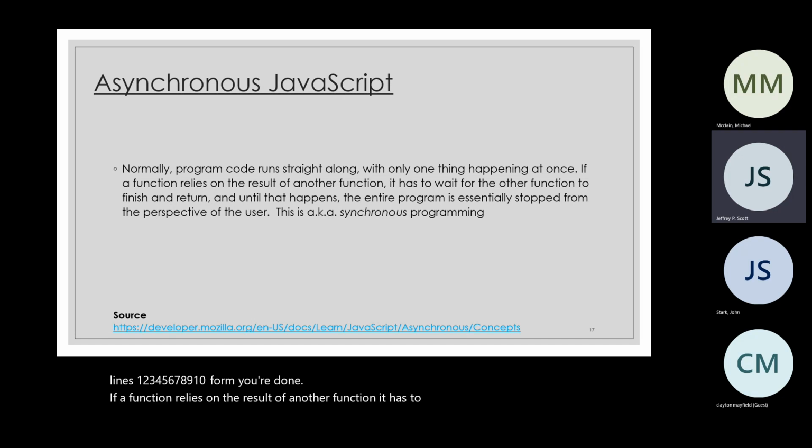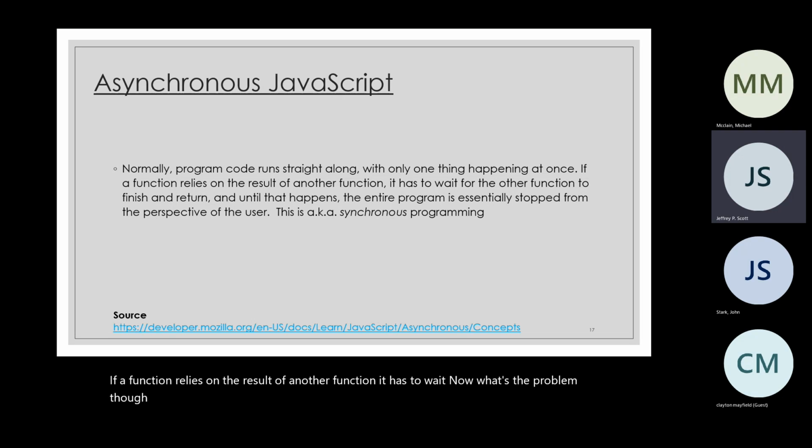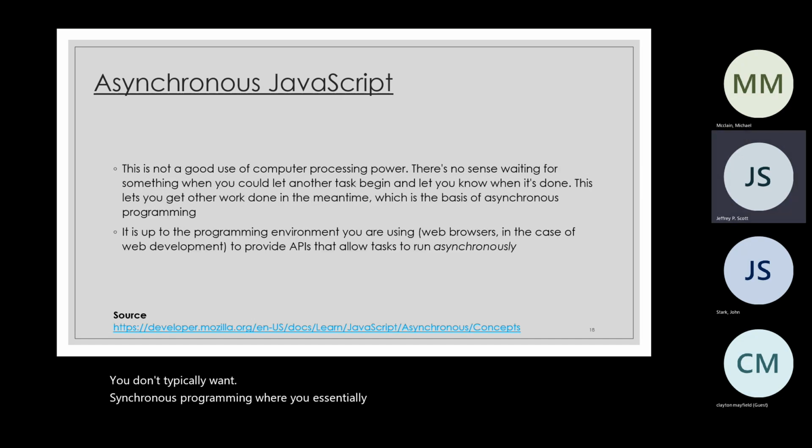What's the problem though? The problem is if you're making a call to a database and it takes a while. You don't typically want synchronous programming where you essentially stop. You want asynchronous programming. As it says there, this is not a good use of computer processing power because you're making it wait because it can't do anything.